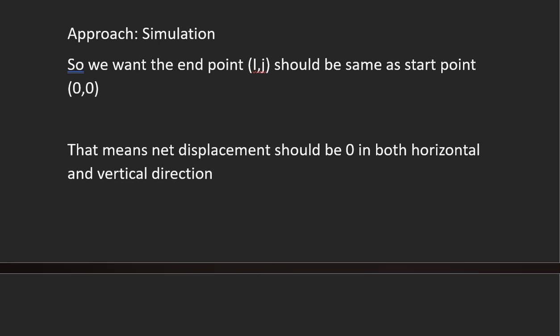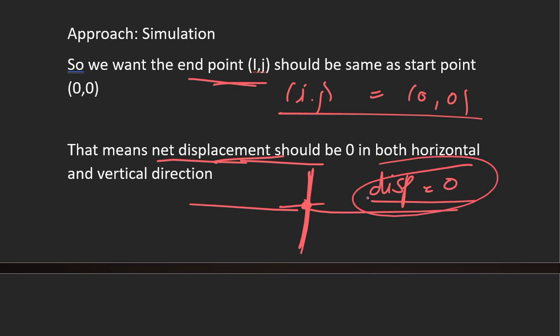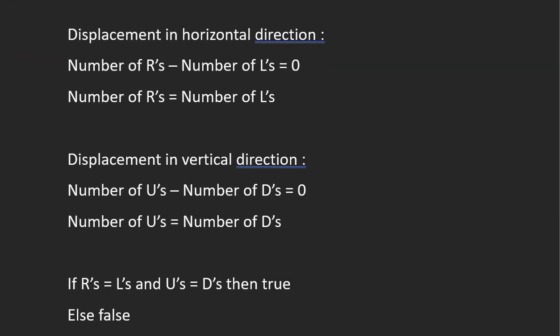In the approach, we simulate whatever is given to us. What we want is that the end point i, j should be equal to the starting point 0, 0. That means the net displacement of the robot in both the horizontal direction and the vertical direction is equal to 0, right? Now, how about net displacement in the horizontal direction?